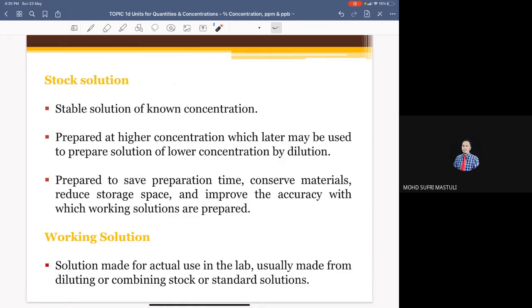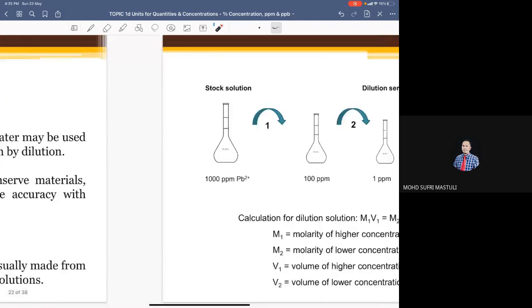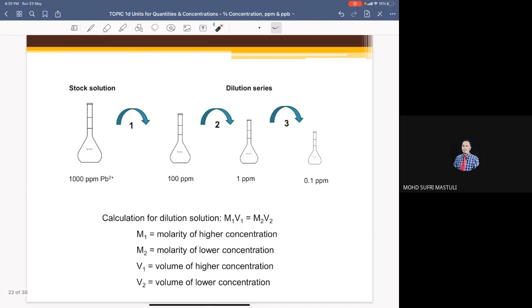So a working solution is a solution we made for actual use during the experiment. Usually made from diluting or combining the stock or the standard solution. So, for example, we have a stock solution of 1000 ppm.